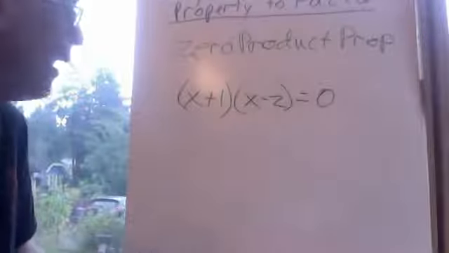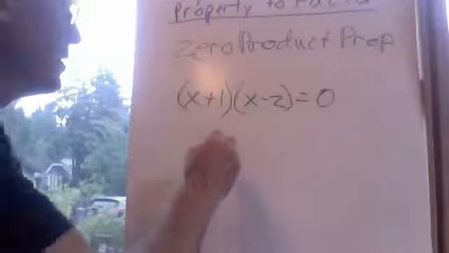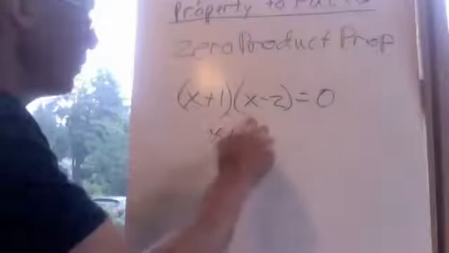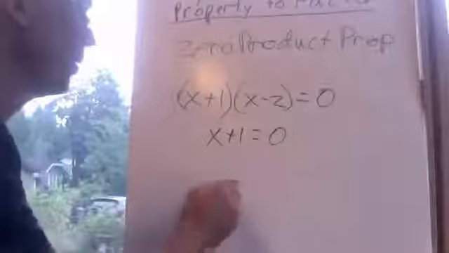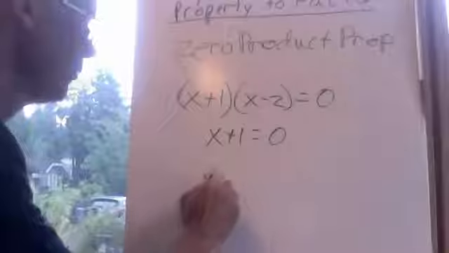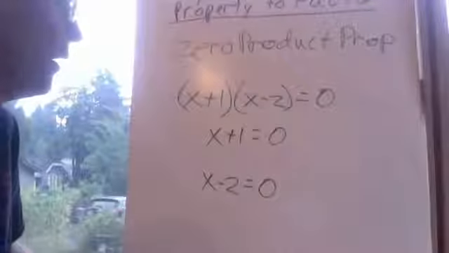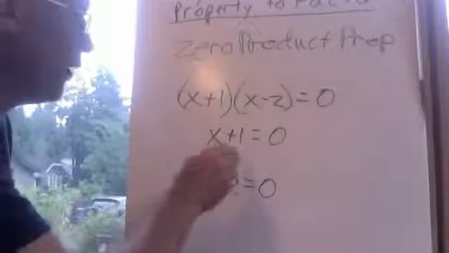Well, look at it and you can see that if two things are multiplied together and they equal 0, then either x plus 1 equals 0, or, can you see this very right? x minus 2 equals 0. And once we have that, we can solve this.